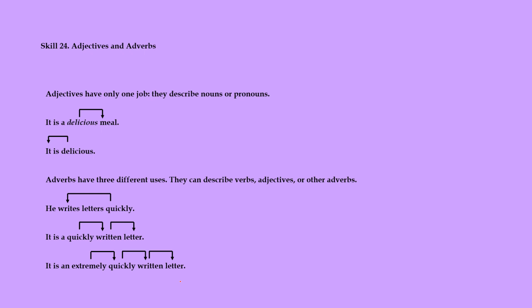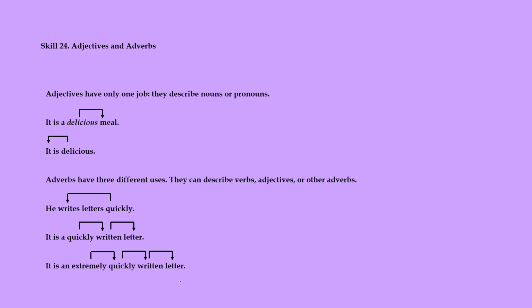And then the next example, it is an extremely quickly written letter. In this sentence, letter is a noun which is described by the adjective written, and then this adjective is described by the adverb quickly.